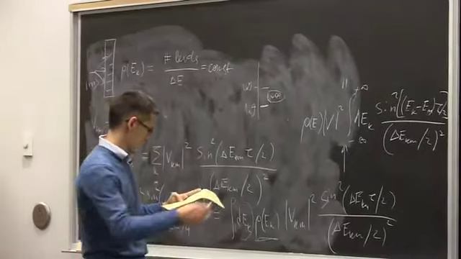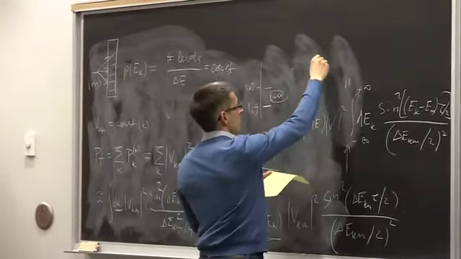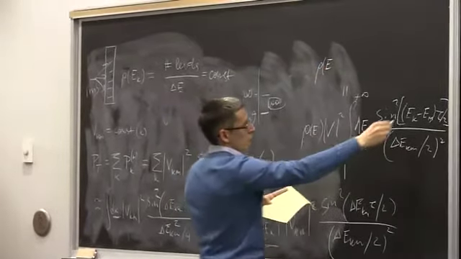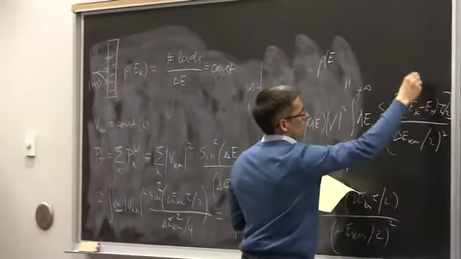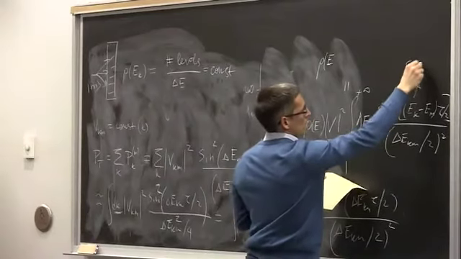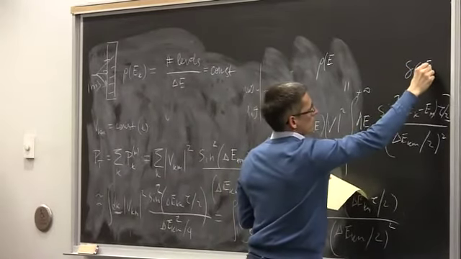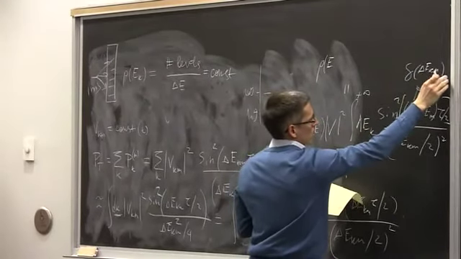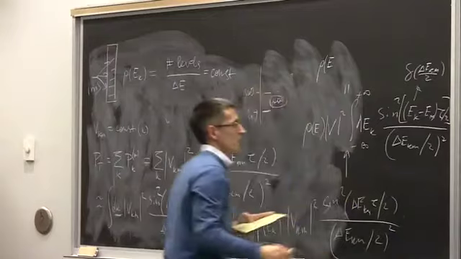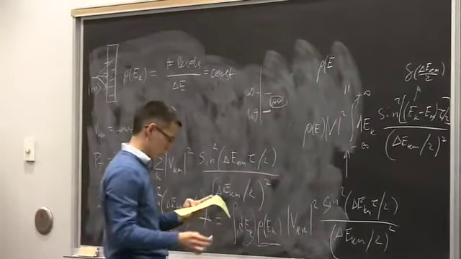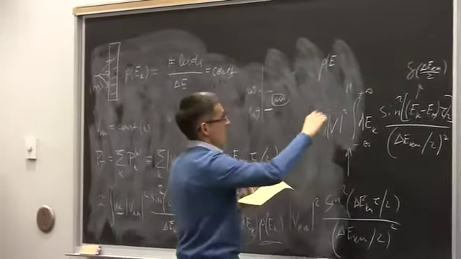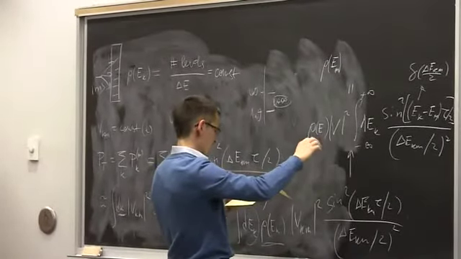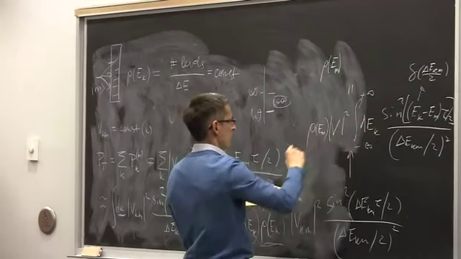So what we get by introducing the delta function will be delta of delta E_Km divided by 2, with some extra t, and so the rho will turn into rho of E_m.